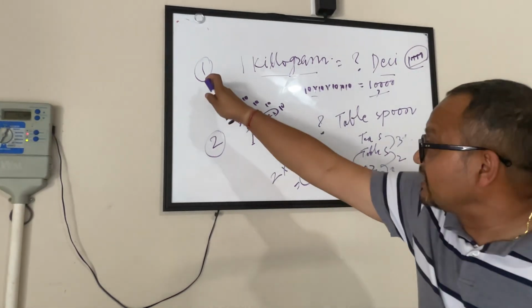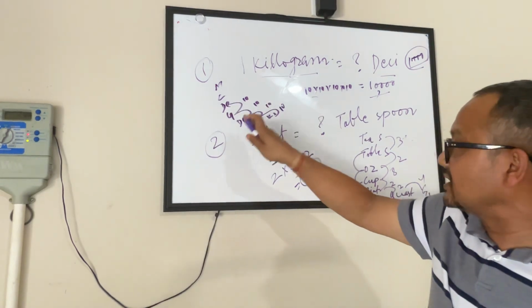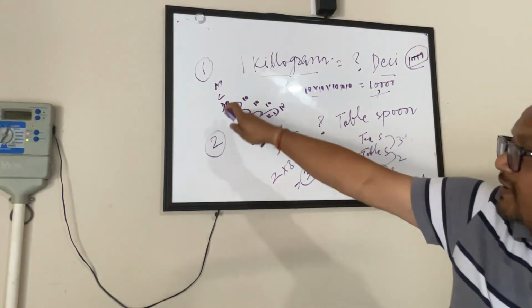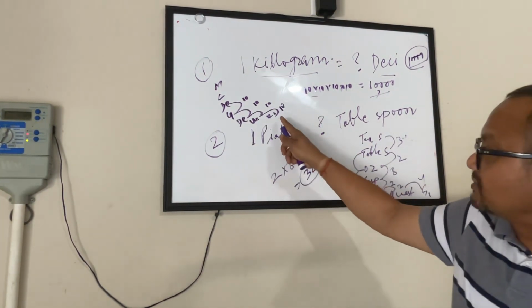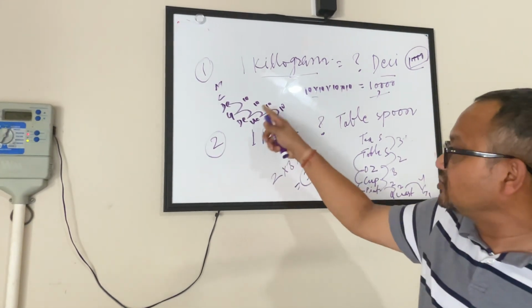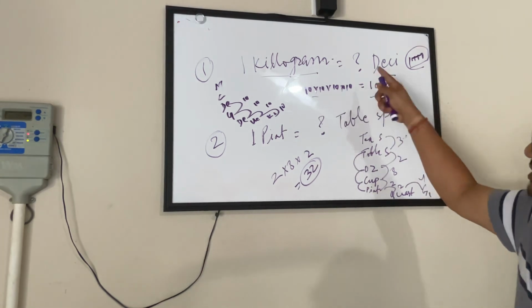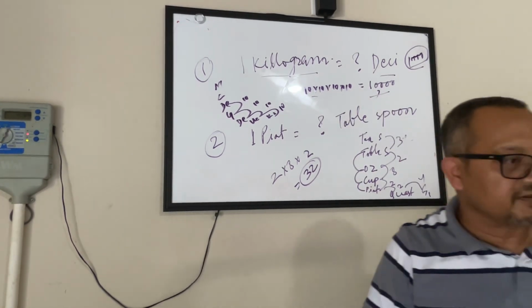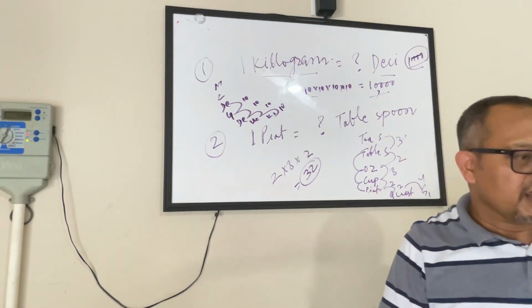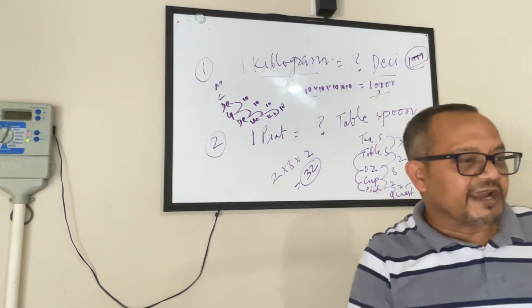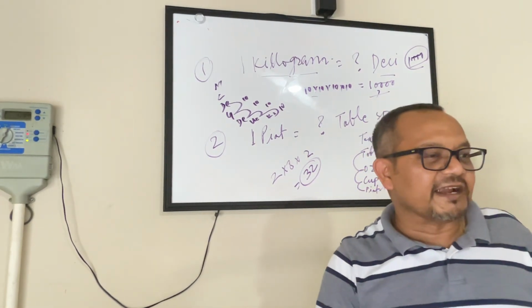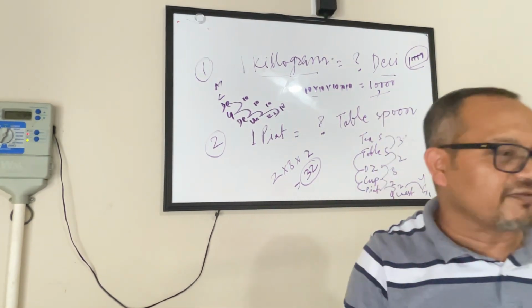Do I know the sequence? Milligram, centigram, decigram, gram, decagram, hectogram, kilogram. I know every half is 10. So I'm going from kilogram to decigram. 1, 2, 3, 4 halves. Every half is 10. So 10 into 10 into 10 into 10 got me 10,000. Yeah? Simple approach. No complication. Nobody trying to act smart. Nobody saying that I have enough grey hairs, I know everything. Yeah?